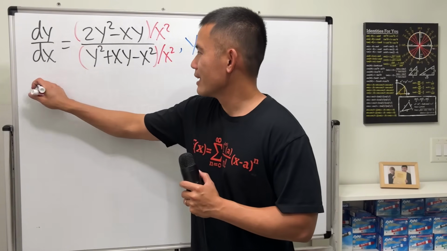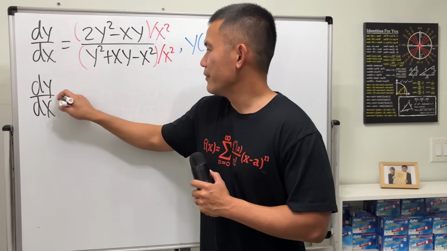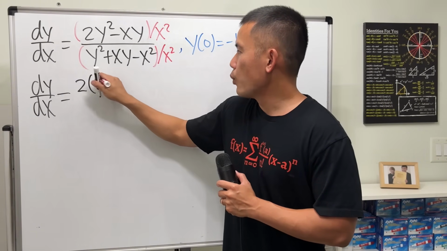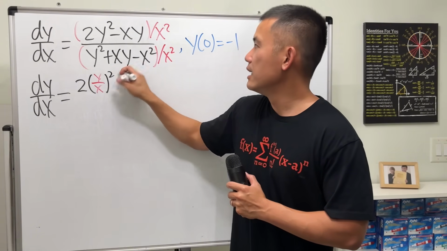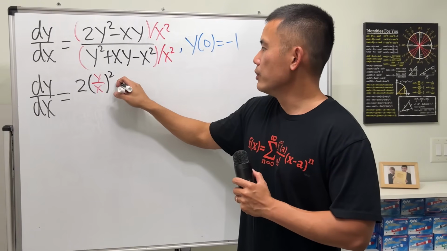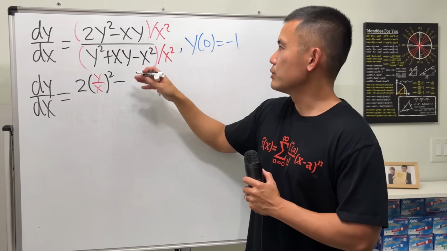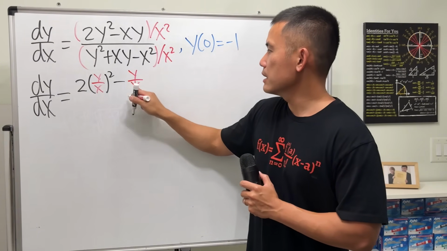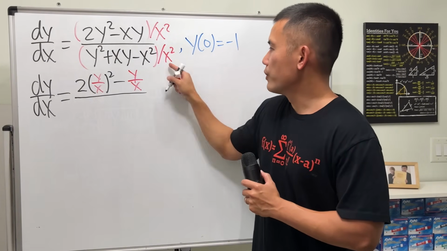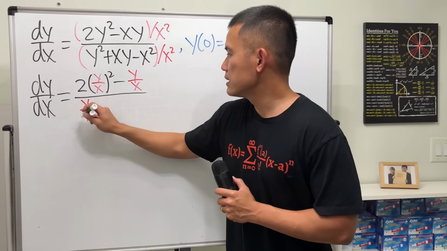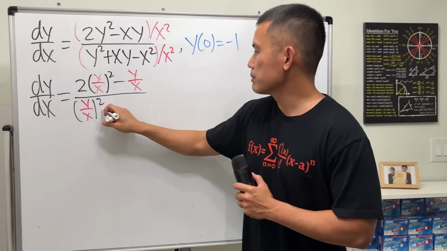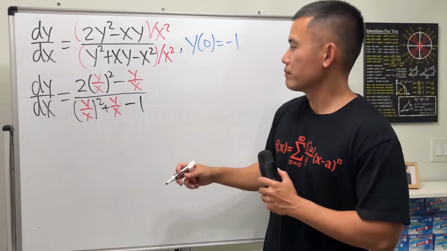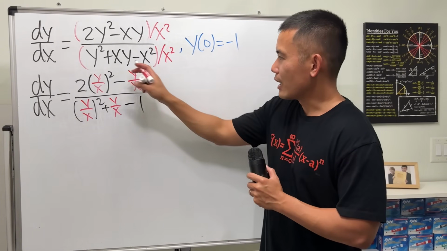So let's have a look. dy dx equals this divided by that, I will write it as 2 times (y over x) squared, minus this over that, well, it's just x on the bottom, we have y over x, over this over that, which is just (y over x) squared, plus y over x, and then lastly it's just -1. Pretty nice.